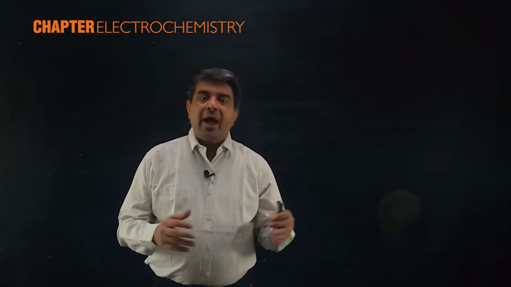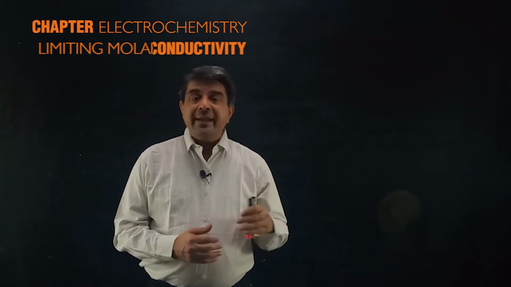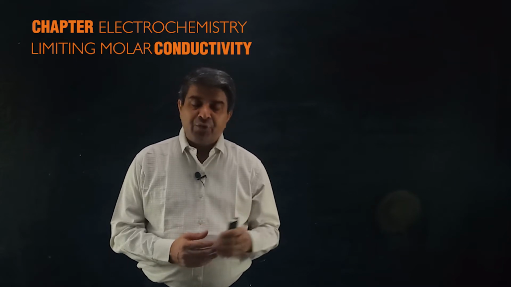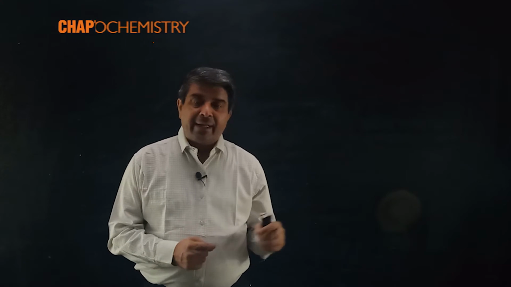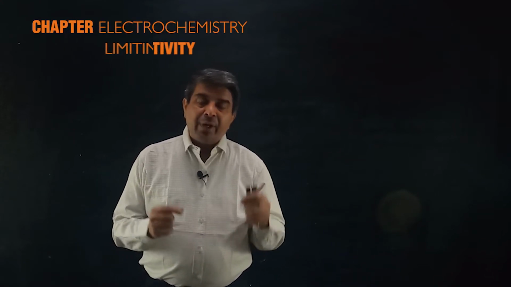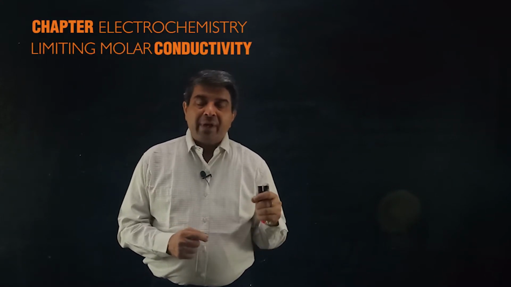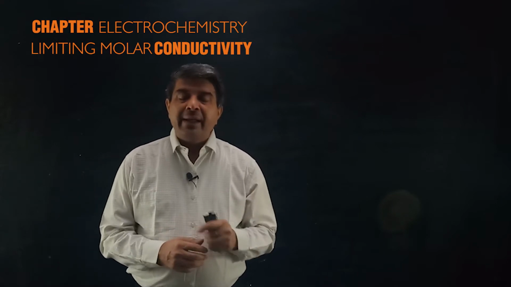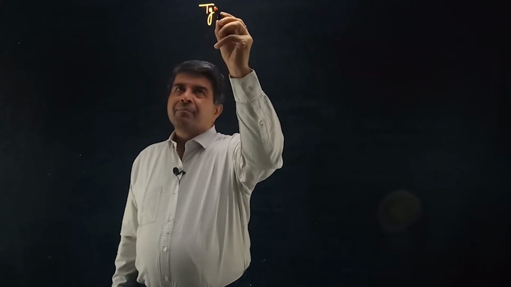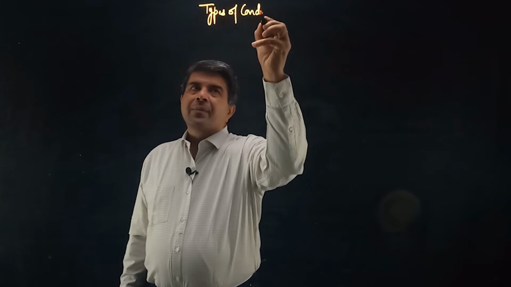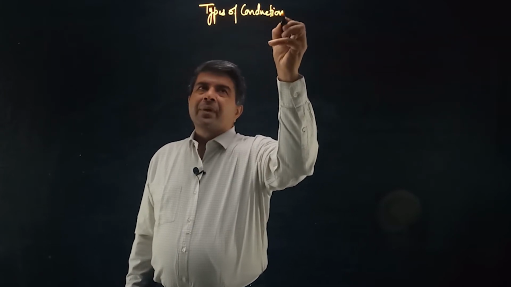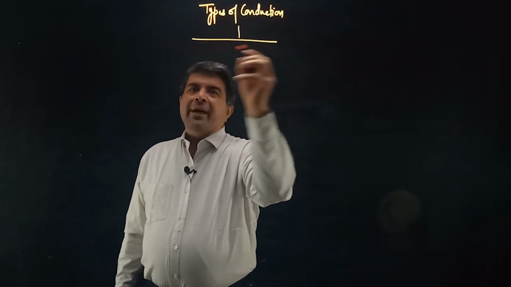Welcome back. So here I would be discussing variance in conductance of an electrolytic solution. But before diving into details of variance in conductance, let's try to understand the types of conductions that are possible in electrolytic solution. There are two types of conductions.